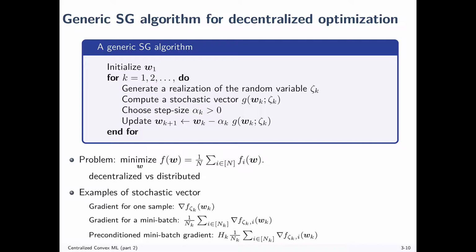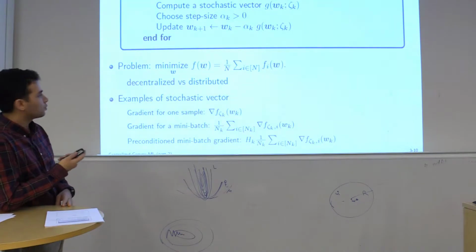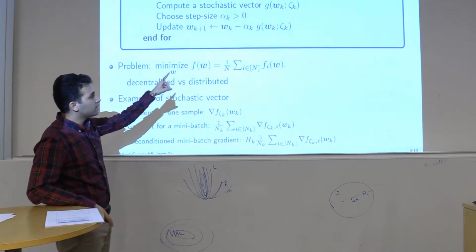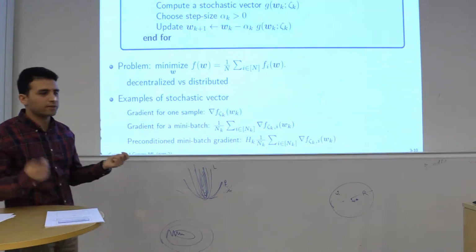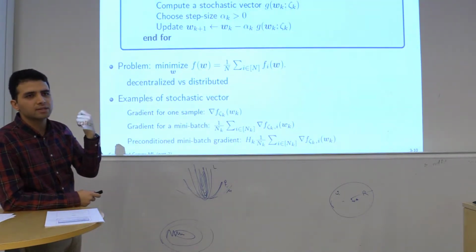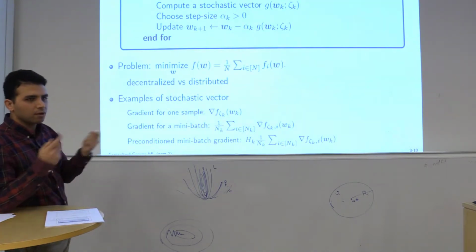Then for every iteration, generate a random variable zeta, usually IID over time, so over k. Then compute a stochastic vector. We will see later what this stochastic vector is, but in the easiest form, a stochastic vector is just the gradient at a random index. So just create one random index, get the gradient of that random index, and update based on that one gradient instead of based on all n gradients.